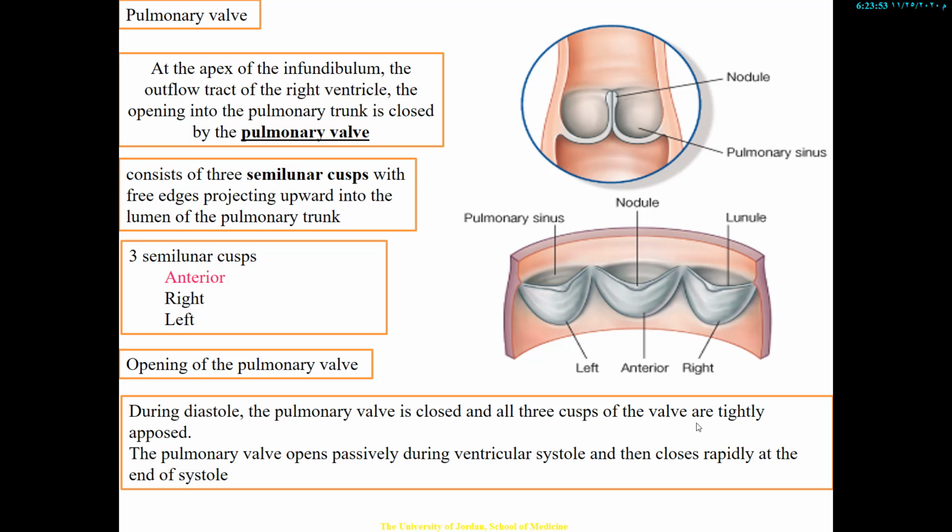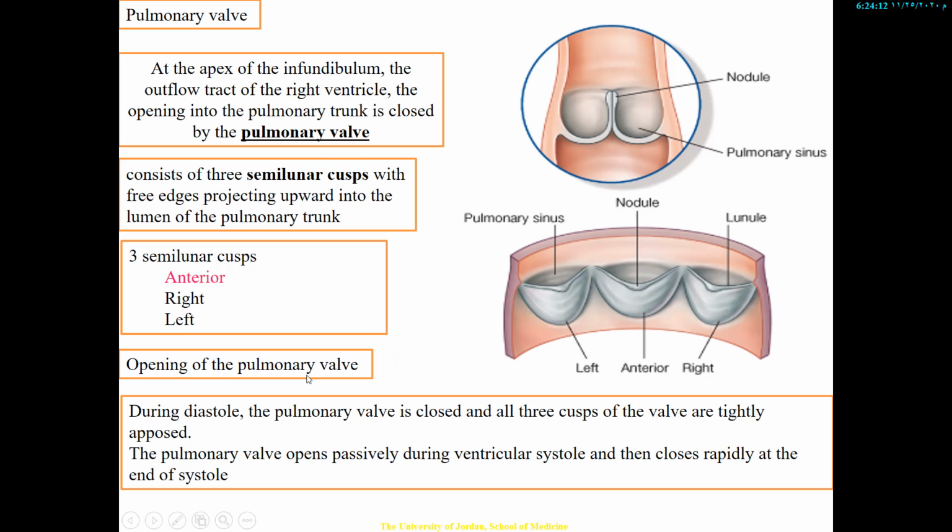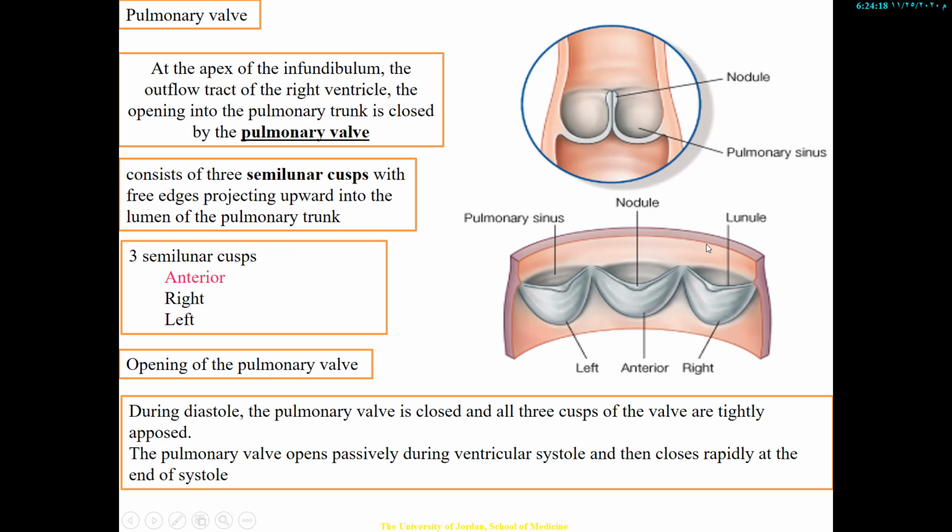The same design in both of them, but in the pulmonary we don't have the openings for the coronary arteries. So during your practical session, if you open up a valve and you see openings, this means that this is the aortic valve. But if you can't find any openings, it means this is the pulmonary valve.